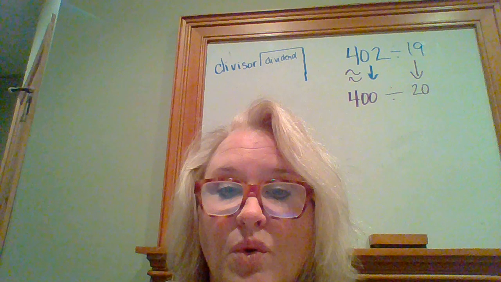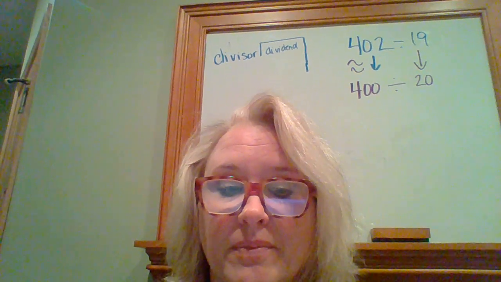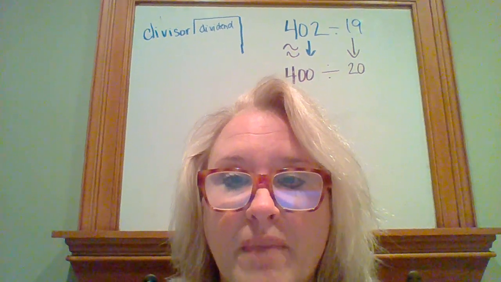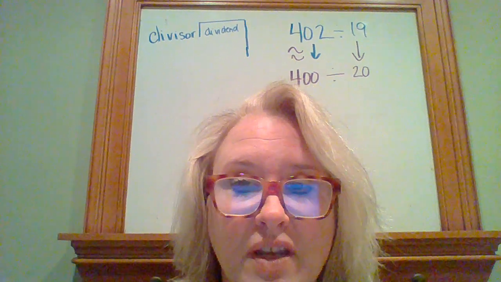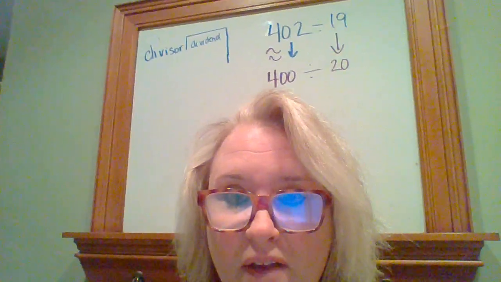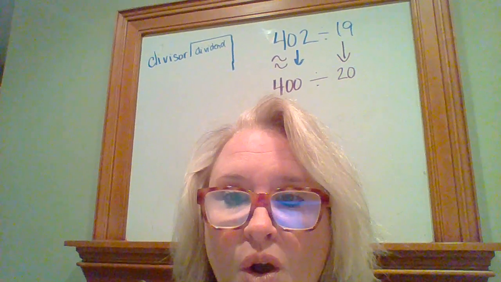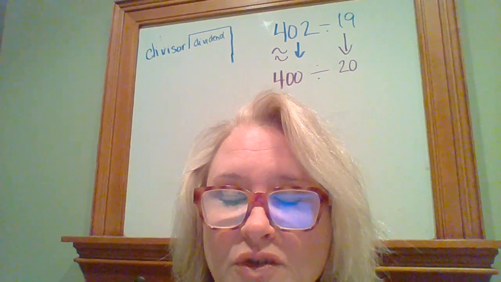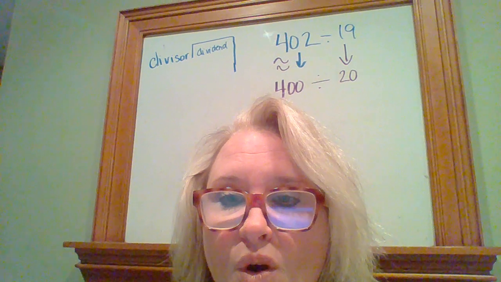On this problem, you can either use mental math to solve, or we are going to use partial quotient to solve this problem. Pay attention. If you're going to solve using mental math, you can just look at the dividend and the divisor. In this problem, we have 400 divided by 20.